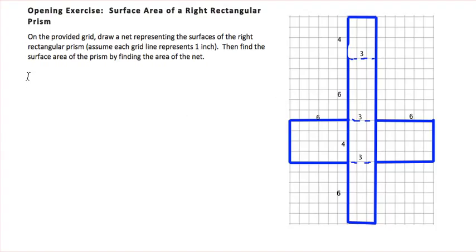The prism's measurements are actually 3 by 4 by 6. So it's 3 across, 4 deep, and 6 tall, just so that you can relate to what we're talking about.